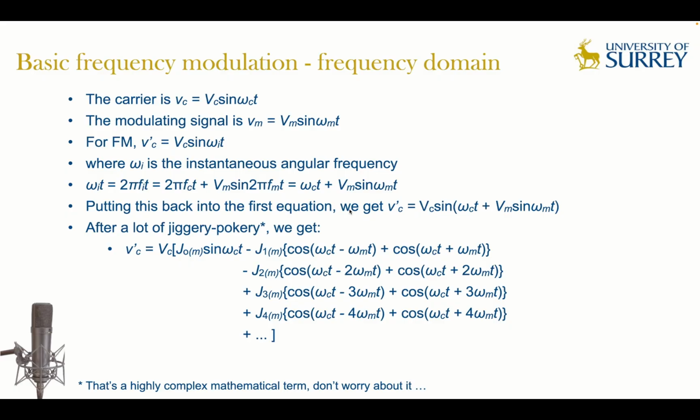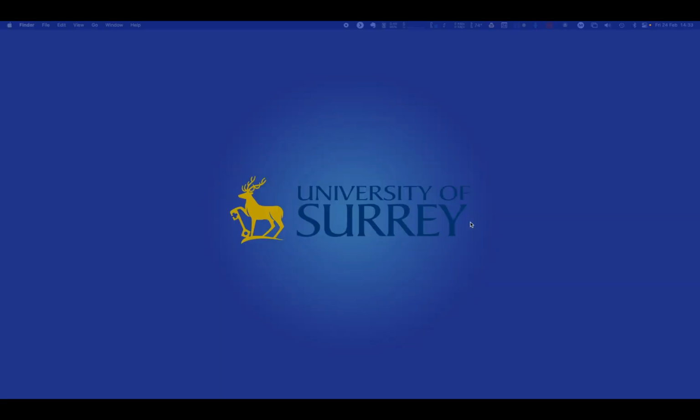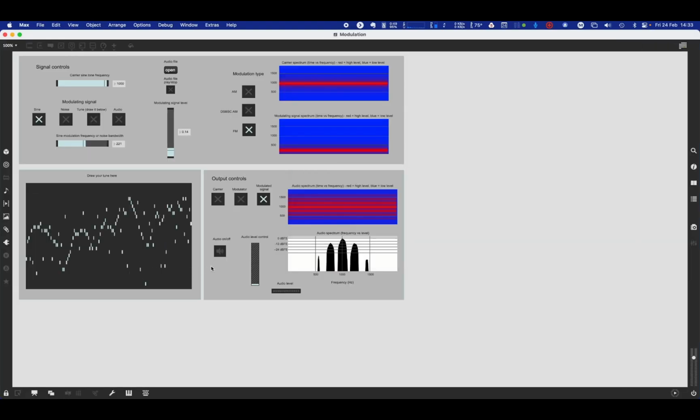So, if I go into this demo, stick that on the screen. Turn it up so you can hear the fun. There you go. So as before, we have a sine tone carrier at 1 kilohertz. We have a modulating signal, which at the moment is 221 hertz.